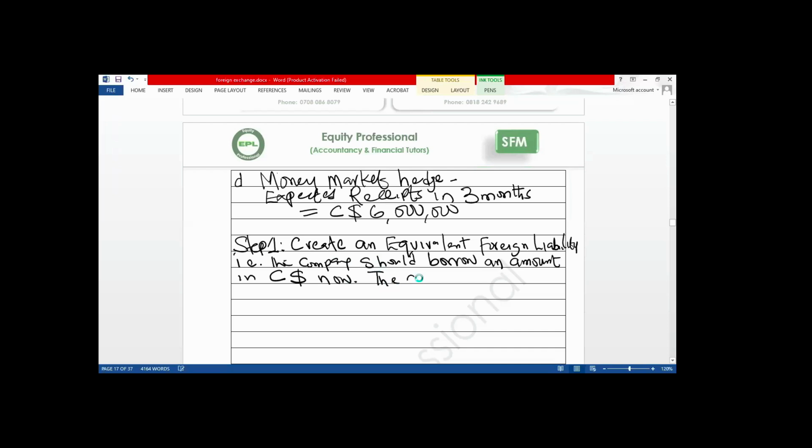The amount borrowed plus the interest payable must equal 6 million Central dollar in 3 months.